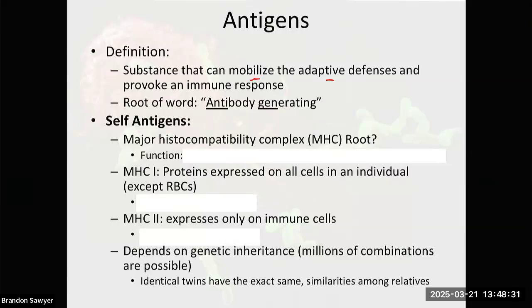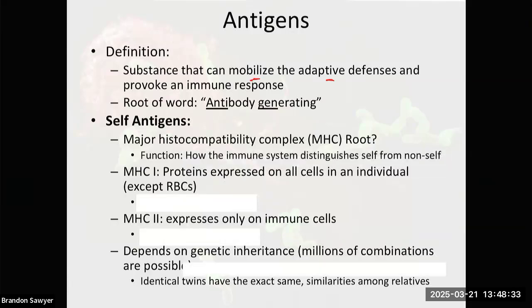Okay, and so most of our cells in the body have what are called MHC proteins, or major histocompatibility complex proteins. If you think about histo, what does histo make you think of? Huh? Tissues, yeah, tissues, right? Histology is the study of tissues.